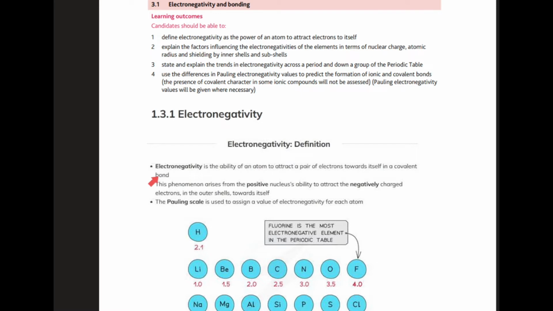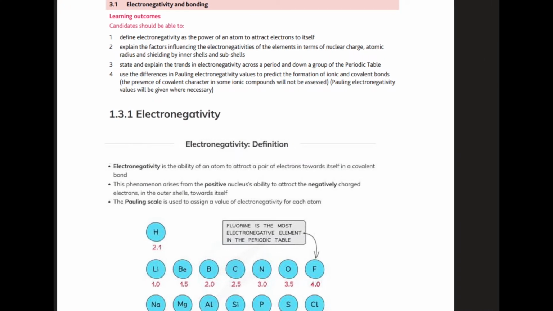Okay, covalent bond must be formed. So let's say, for example, I take a covalent molecule like HCl. So they form a covalent bond here, and then the bonding electron is here. But the thing is, the bonding electron is attracted more towards the chlorine.